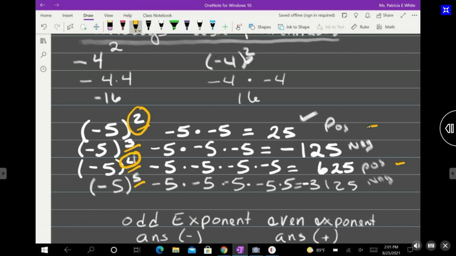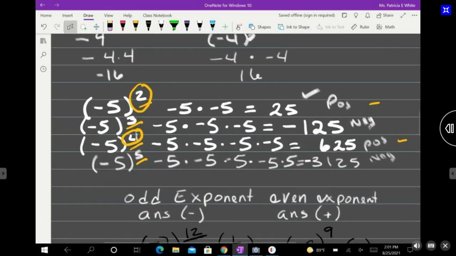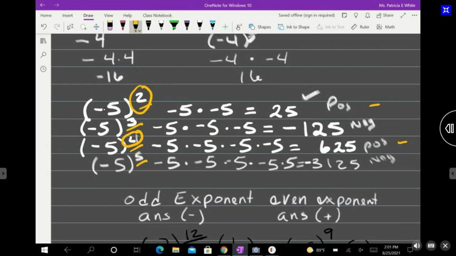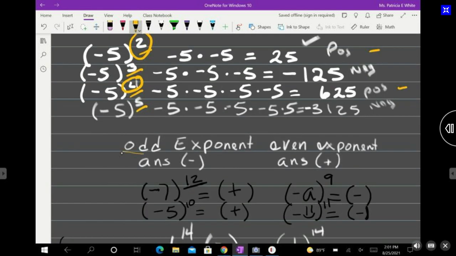What about 3 and 5? Odds. So if I have a negative number and that negative is in the parentheses, that's what we're talking about, evaluating with negatives. If I have a negative number, an odd exponent gives me a negative answer. An even exponent gives me a positive answer.